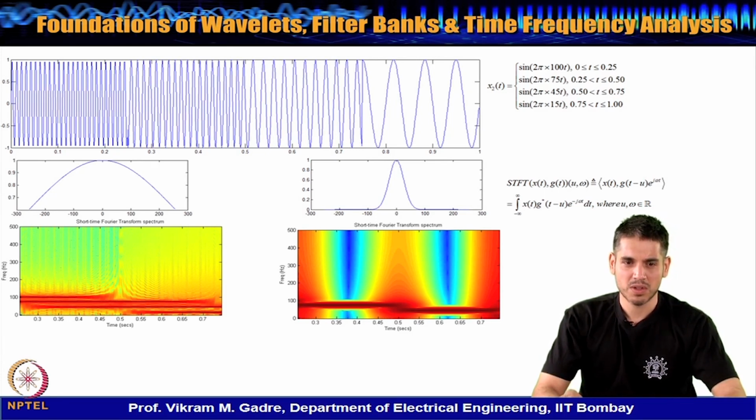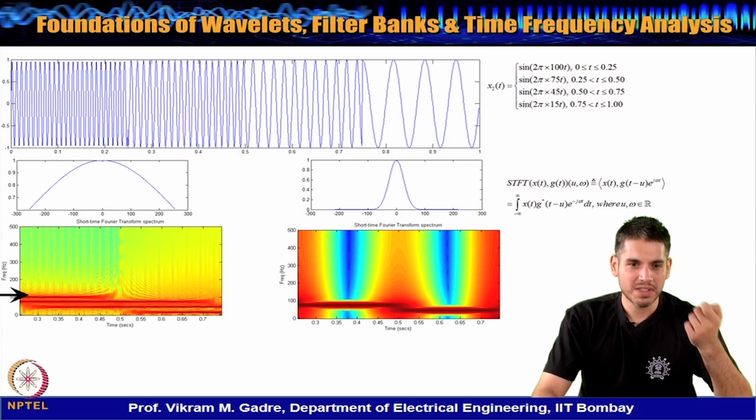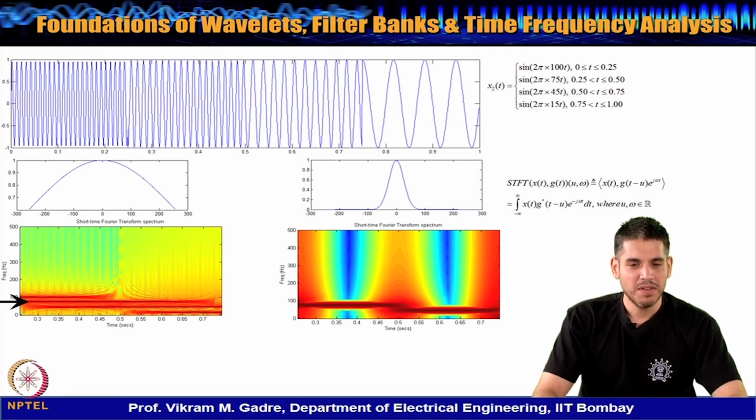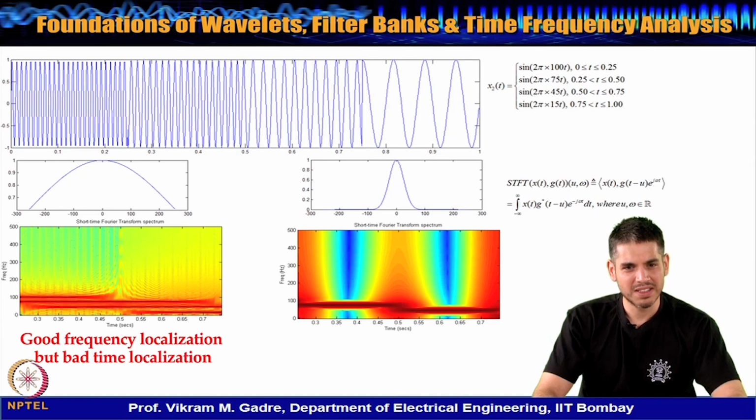Because of its wider time duration, doing STFT analysis with this window will more precisely tell us the different frequency components, but the time of occurrence information is lost. So as you can see, the time information is not clearly brought out by our STFT analysis, but the frequency information, which is represented by these black arrows, is brought out exactly by this analysis.